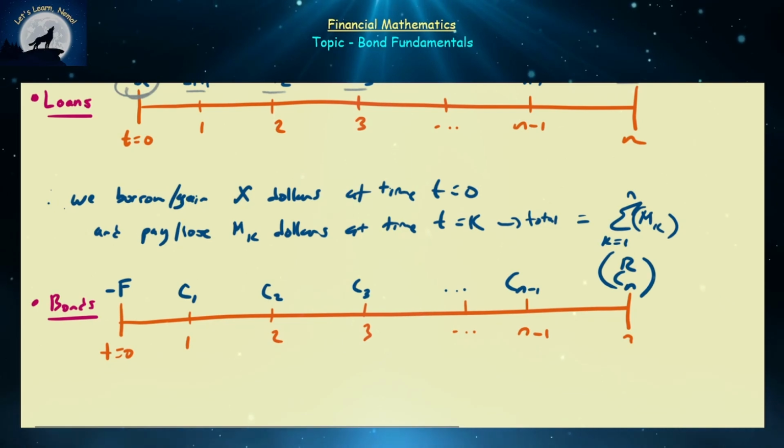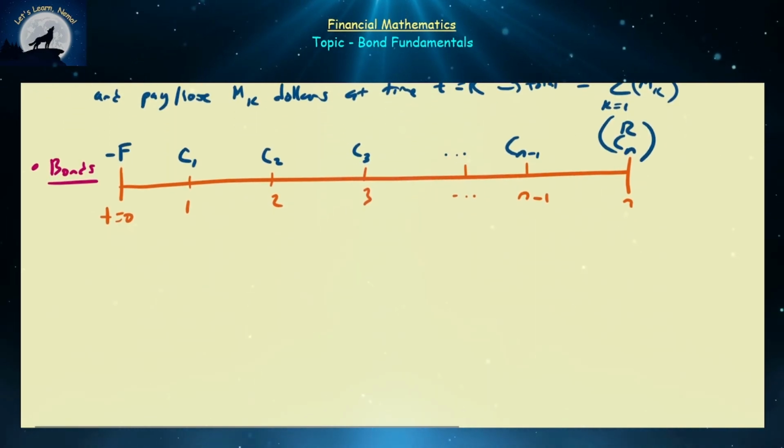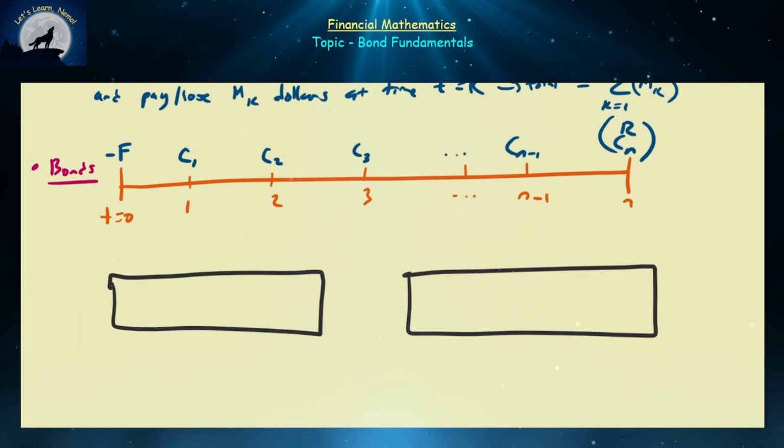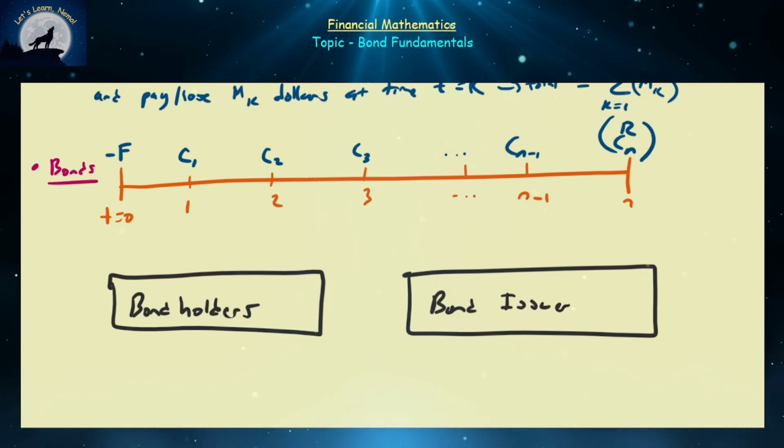So now let's go ahead and define some of these structures that bonds are going to be using. So what exactly are bonds to begin with? We're going to have two main parties in this conversation. We're going to have bond holders, that's going to be us, and then bond issuers.